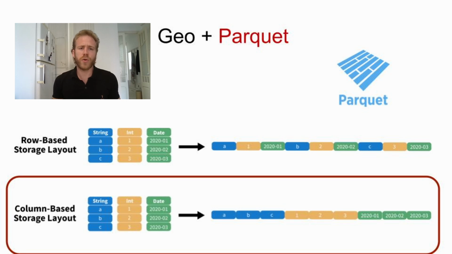It allows powerful compression, since similar values are stored together, and it lets you read only the columns you need for a query without loading entire rows. The result is faster analytics on large datasets and smaller file sizes.